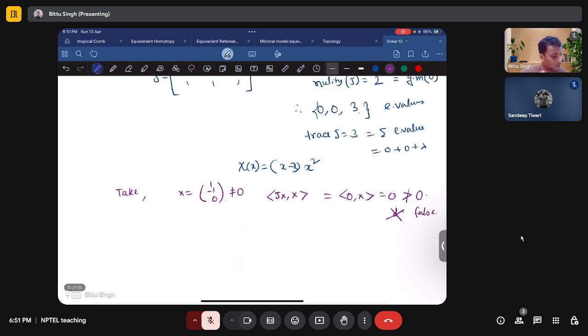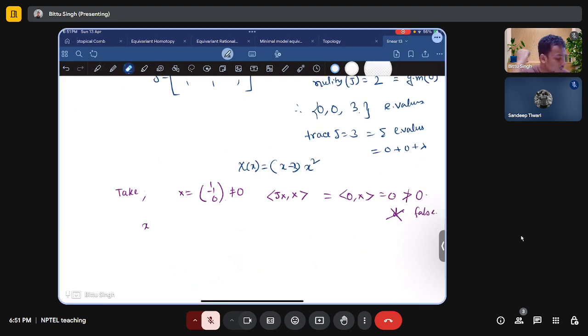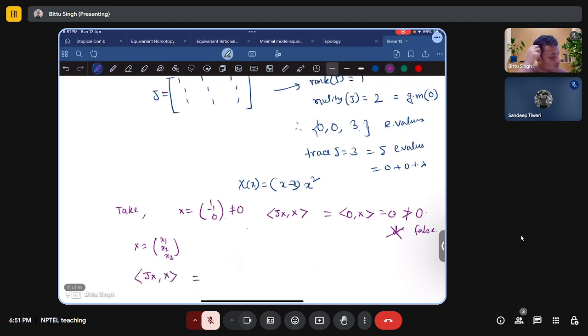B is correct because we can see, let x equal to (x1, x2, x3). Then consider the inner product of Jx and x. So what will be Jx?